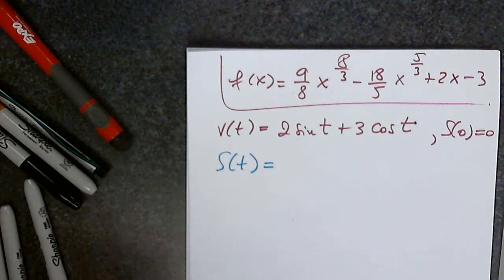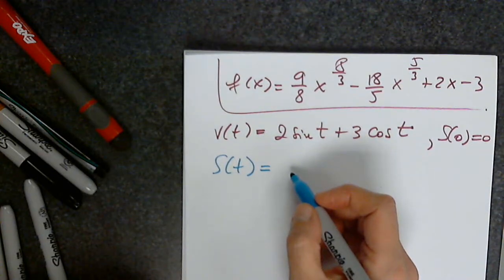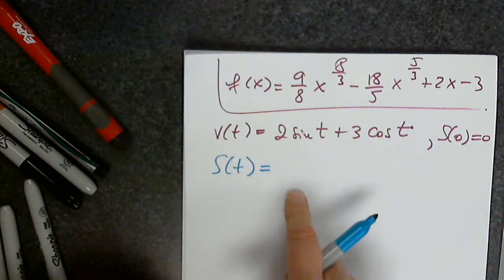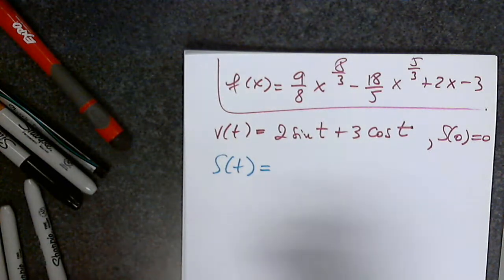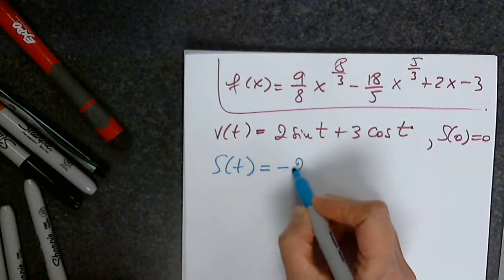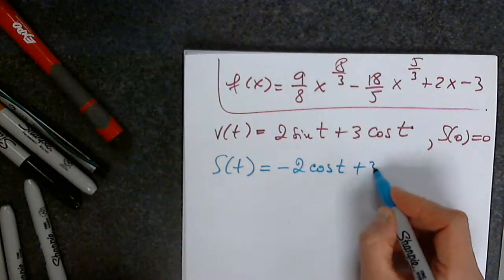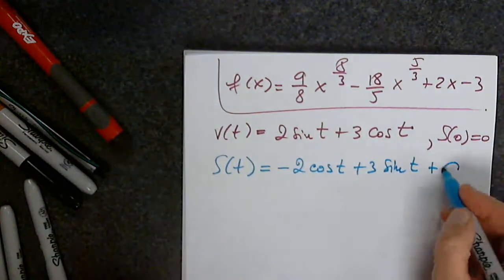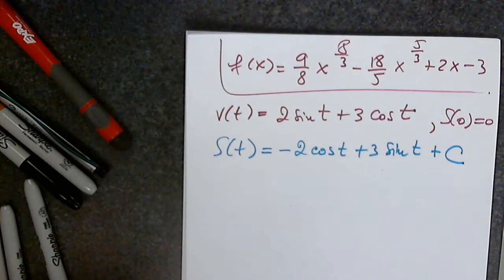So what do I do? Which function prime is this? Not the derivative. The antiderivative. Yes. That would be negative 2 cosine t plus 3 sine t plus c.